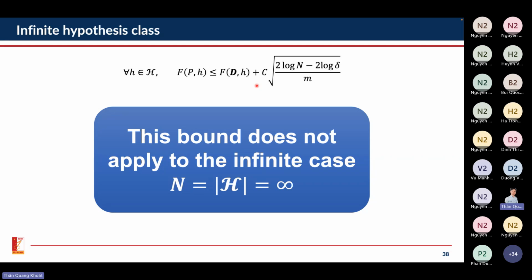And how to work with this? Because for most models in practice, the number of members can be infinite. For example, the weights are real numbers, right? And it means that the model family should contain an infinite number of members. But it leaves the problem to be very complex if we want to analyze generalization.